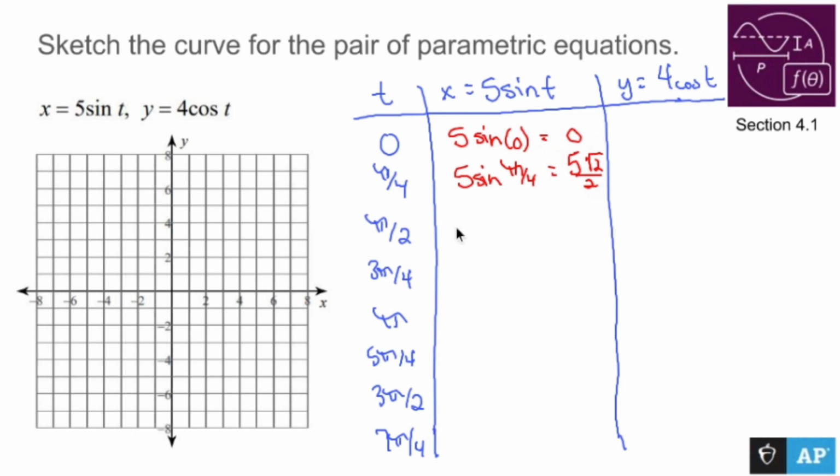We'll deal with that when we have to. 5 sine pi over 2 is 5 times 1, which is 5. 5 sine 3 pi over 4 is going to be 5 root 2 over 2 again.